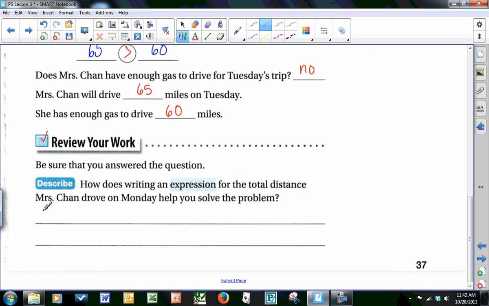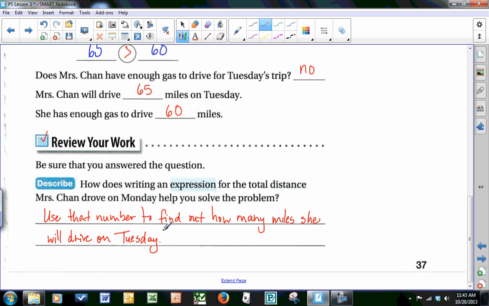And well, we can use that number to find out how many miles she will drive on Tuesday. All right, and that solves the problem.